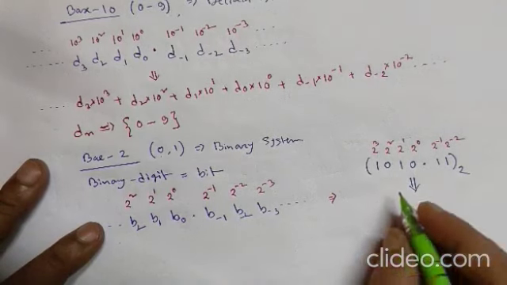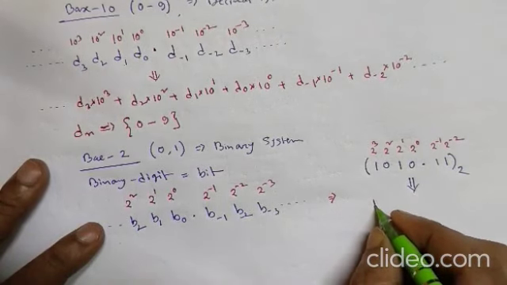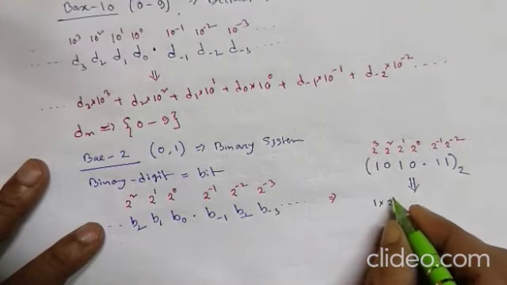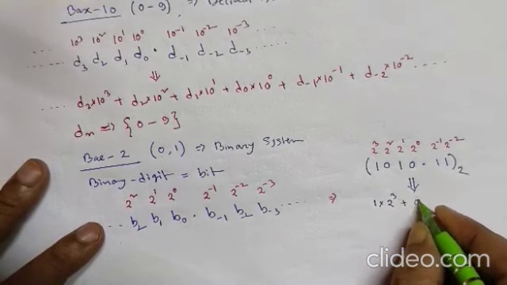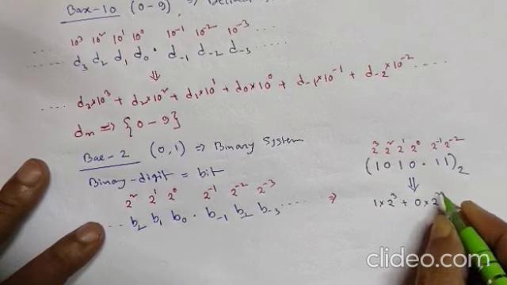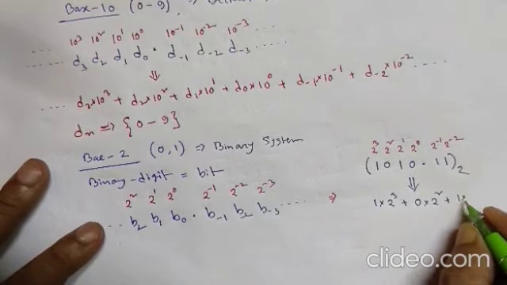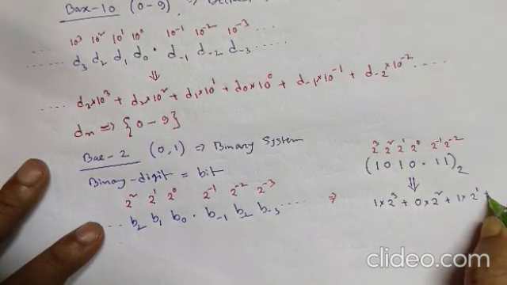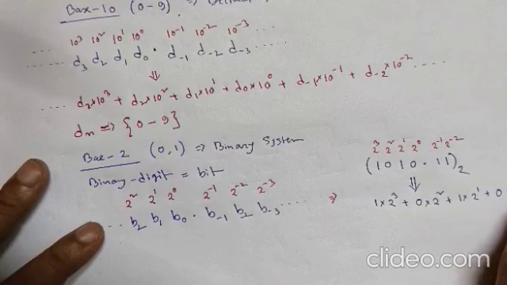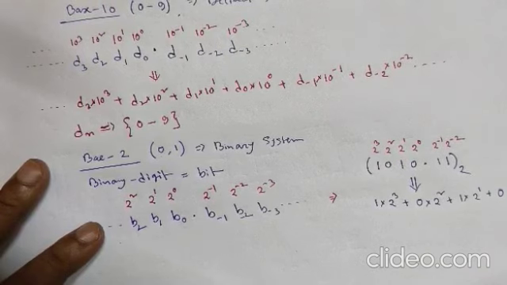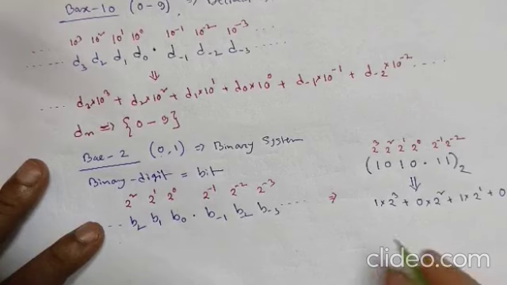So its decimal equivalent will be 1 into 2 to the power 3 plus 0 into 2 to the power 2 plus 1 into 2 to the power 1 plus 0 into 2 to the power 0 plus 1 into 2 to the power minus 1 plus 1 into 2 to the power minus 2.